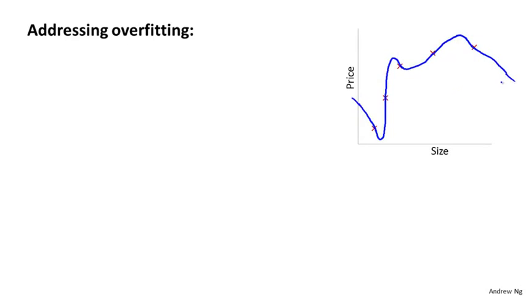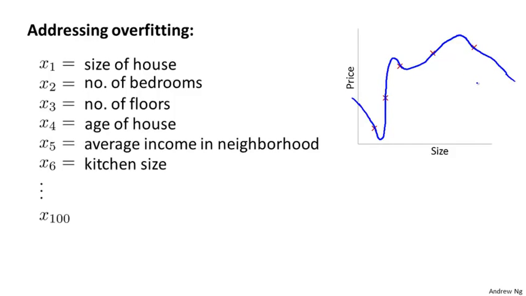So plotting the hypothesis could be one way to decide what degree polynomial to use, but that doesn't always work. In fact, more often, we may have learning problems where we just have a lot of features, and it's not just a matter of selecting what degree polynomial.